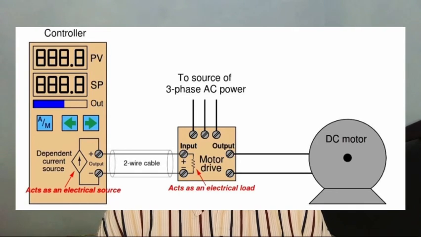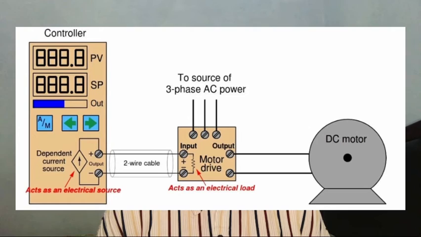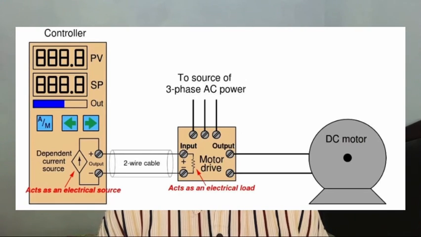Another style of motor drive is one that takes in AC power and outputs three-phase AC power at variable voltage and frequency to power an AC induction motor. This latter style is usually called a variable frequency drive, or VFD, but it looks the same to the controller output: a fixed resistive load accepting the 4 to 20 mA output signal.